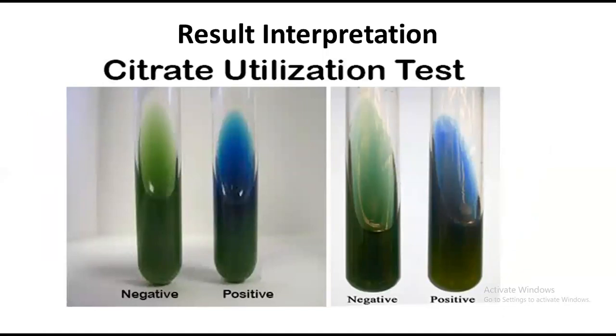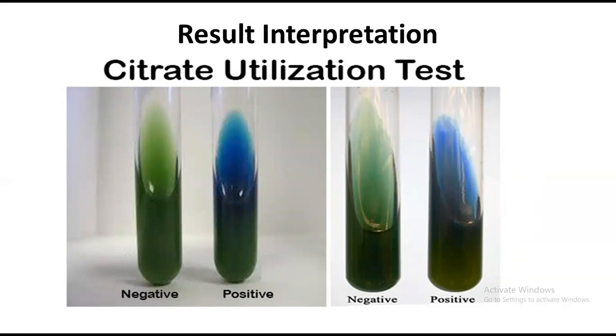If your test tube is pure green in color, as it was before the inoculation, then your test will be negative. The bacteria that you have used in the test tube is negative, and if it changes its color to blue, then you can say that my bacteria is citrate positive.